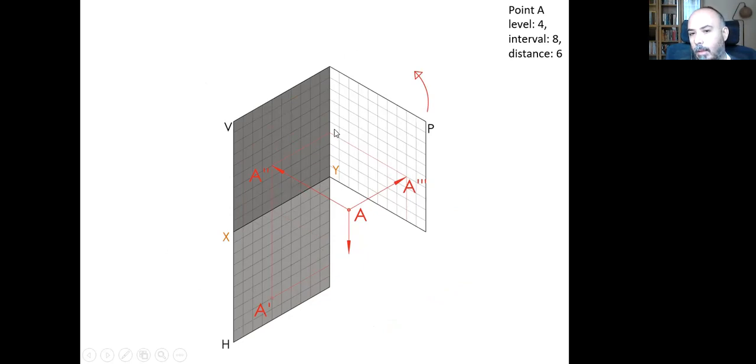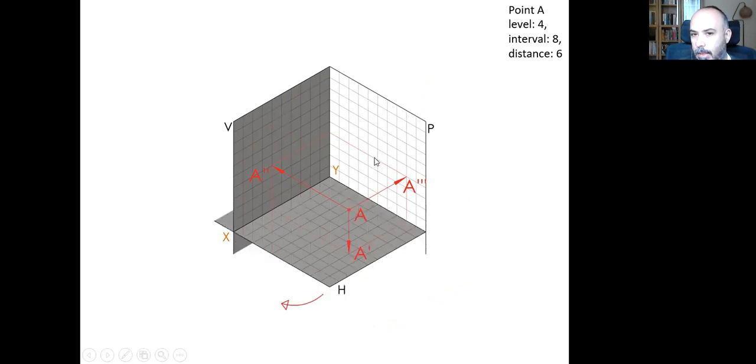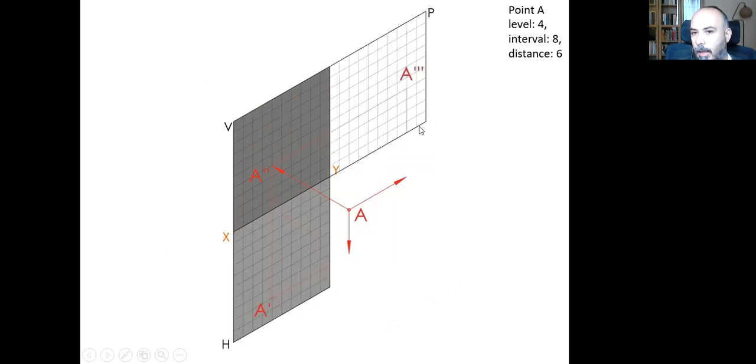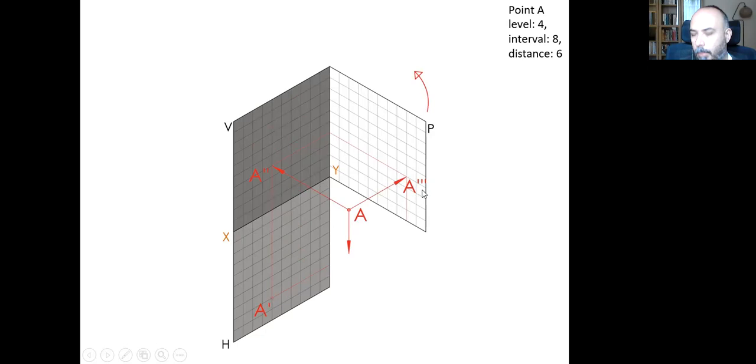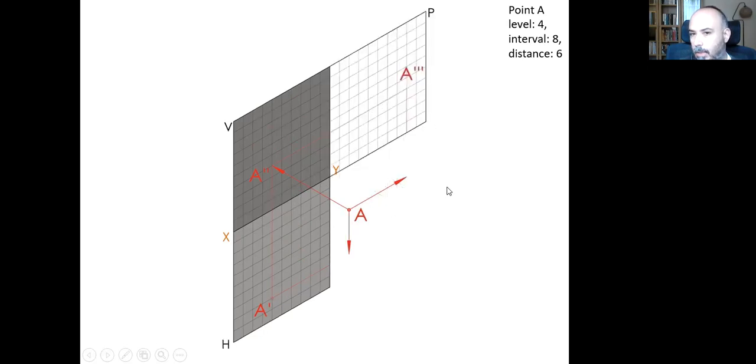And then we need to rotate the profile projection plane along this vertical line by 90 degrees. And again, with the plane, A triple prime is rotated. So now we have the system opened.